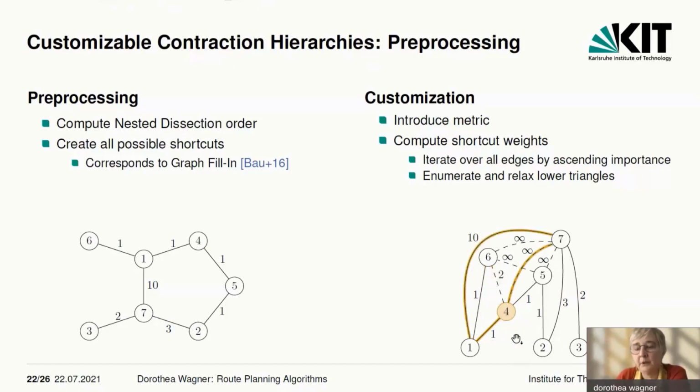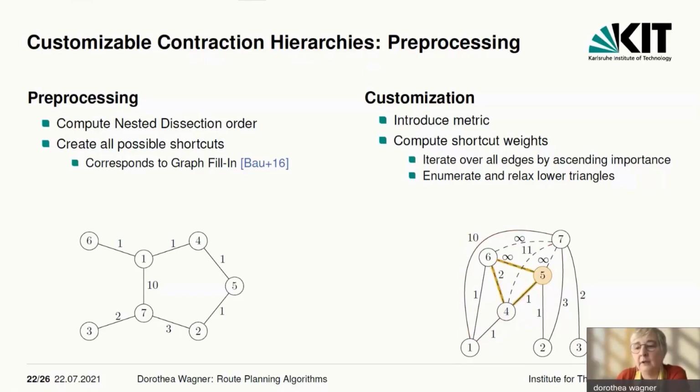The next step, we inspect this lower triangle from 4 via 1 and get from this triangle edge weight 11 for this new edge from 4 to 7. And so on. So next we inspect 5.